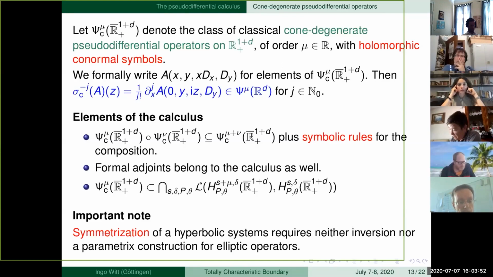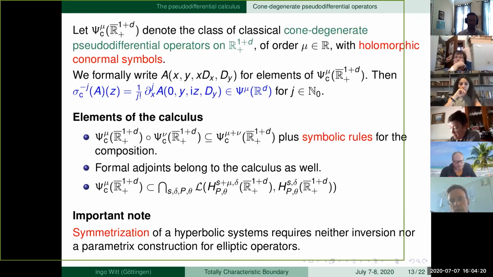And maybe I should say why that is possible. One could also think that we now have a cone over this non-compact manifold R^d. This might be a problem. Also, the holomorphic conormal symbols might be a problem. Well, it is actually not in that given case, because symmetrization of our hyperbolic system requires neither an inversion nor a parametrix construction for any elliptic operator.